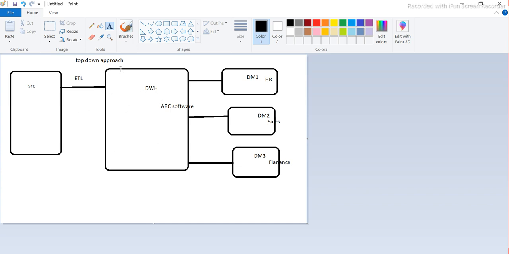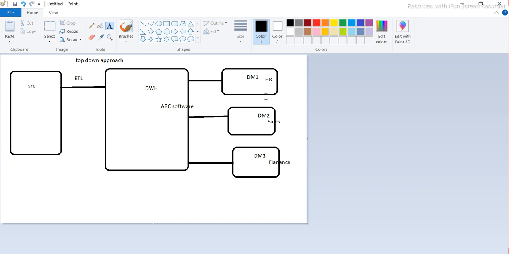So in the top-down approach, what we do basically is we design the data warehouse first, which will contain every possible piece of information about the organization. Then after that we will design the further subject specific data marts.